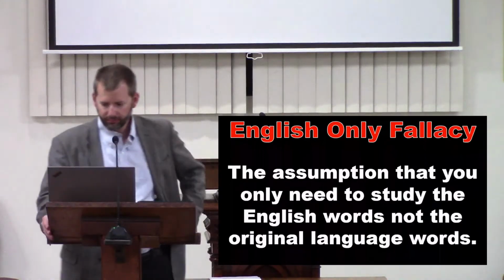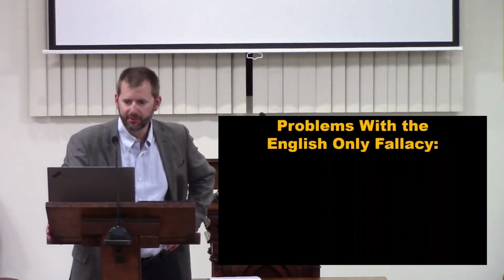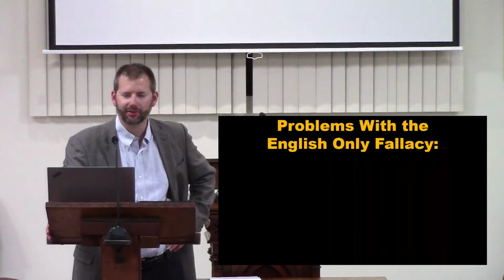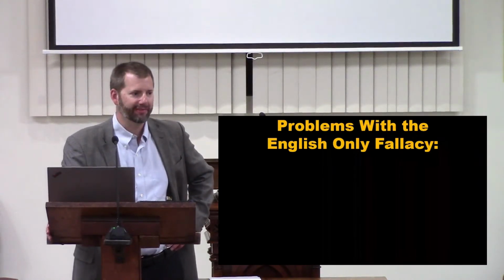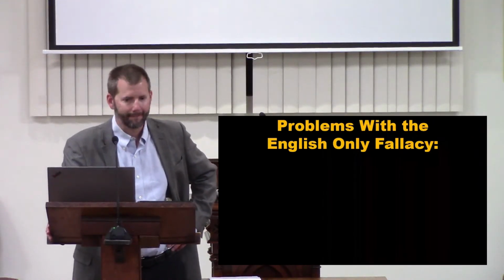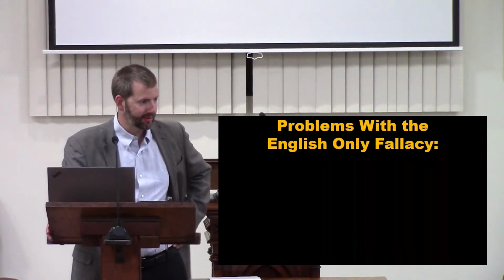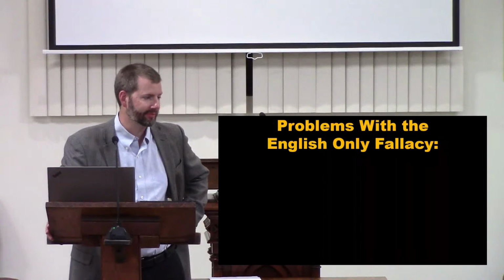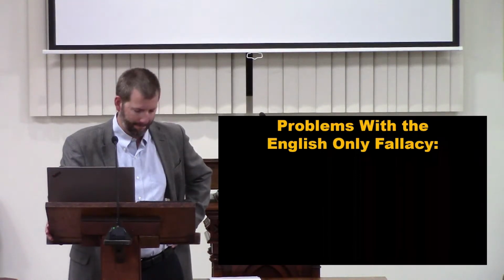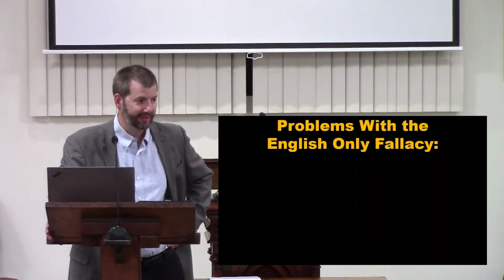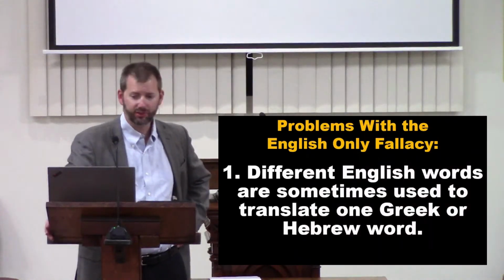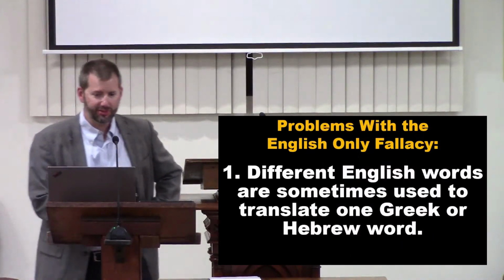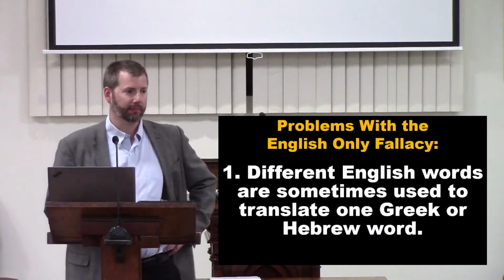Okay, well, what might be some problems with that particular way of thinking? Again, going back to what we were talking about earlier about how English words change a lot. Yeah, and different English words are sometimes used to translate one Greek or Hebrew word.